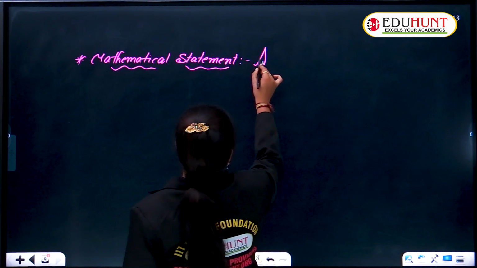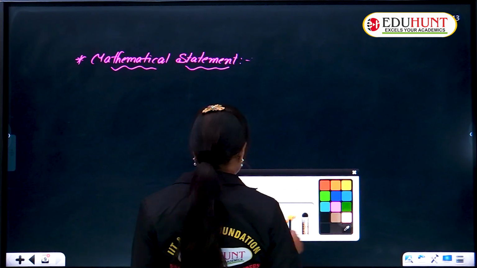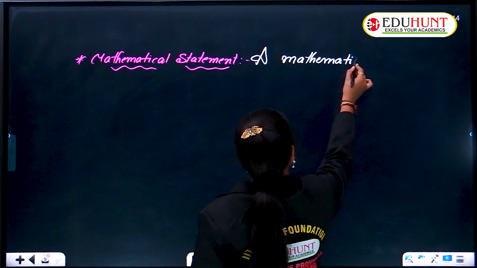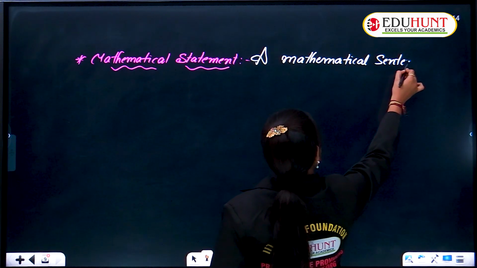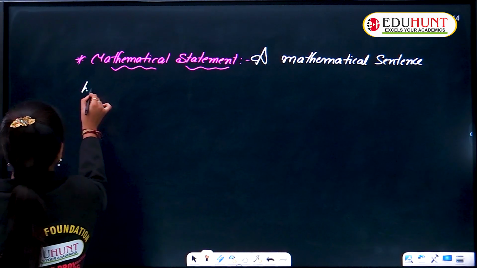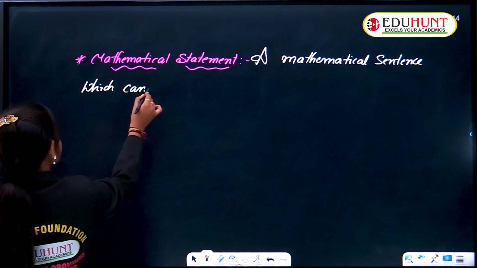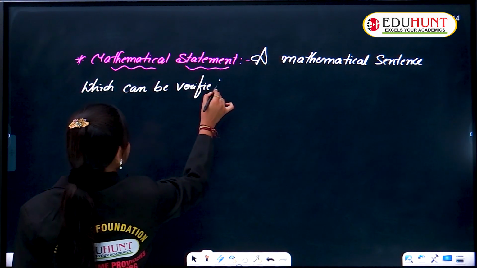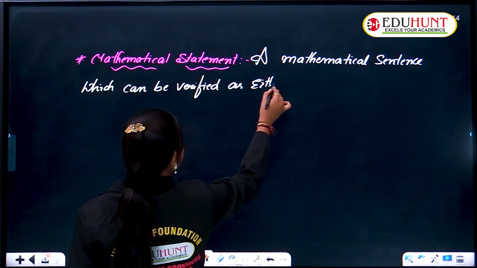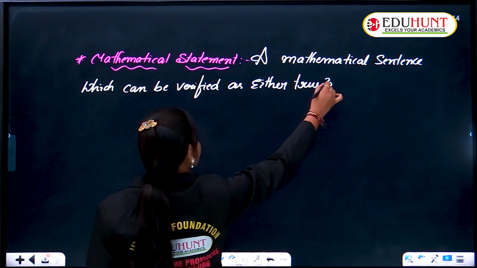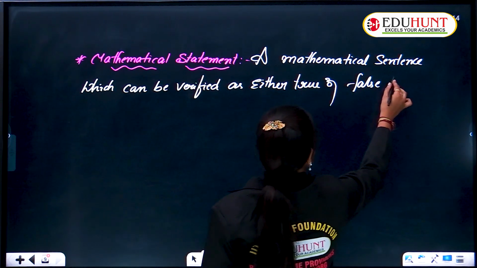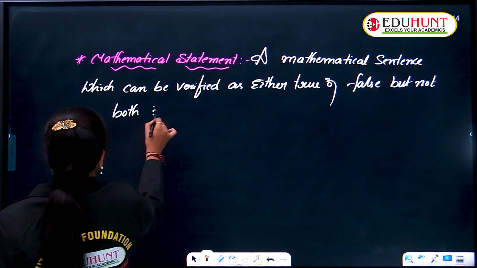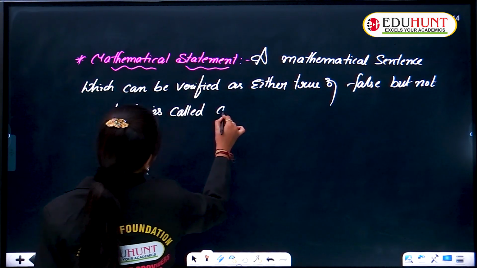A mathematical sentence which can be verified as either true or false, but not both, is called a mathematical statement.